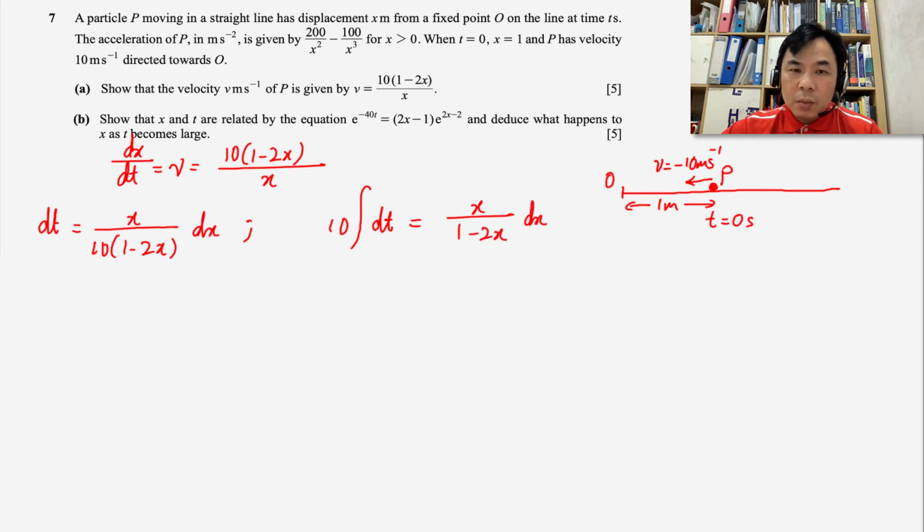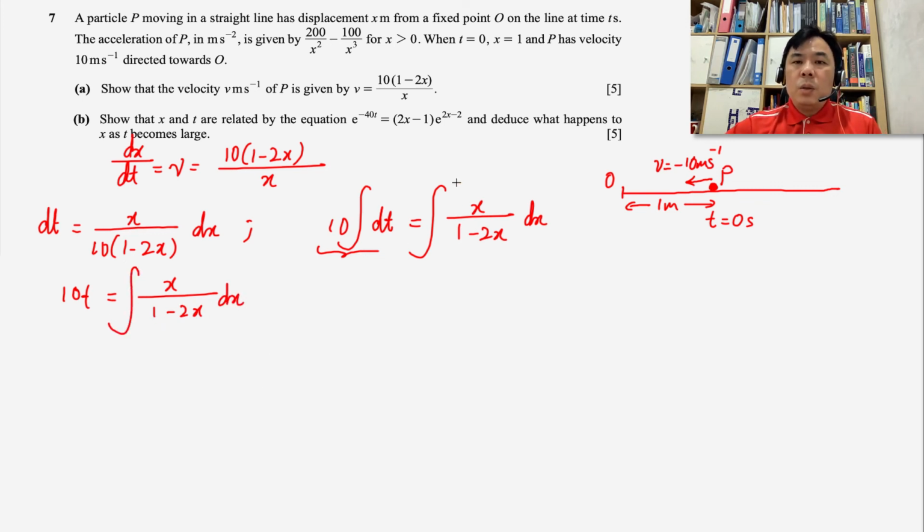And then thereafter, we're going to perform the antiderivative. Okay. So I hope that is clear. Now getting the first part of the integration is a piece of cheesecake. It's just 10t. That shouldn't be a problem. So here I'm going to rewrite that as 10t equal to the integral of x over (1 minus 2x) dx.